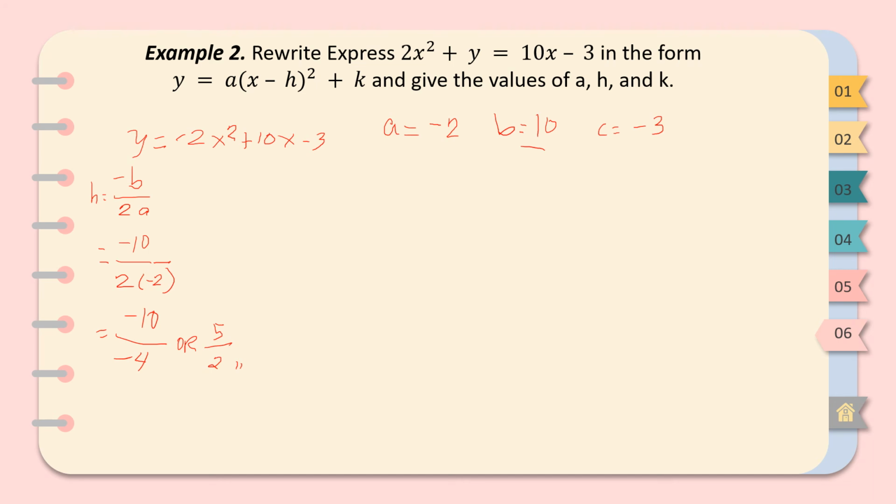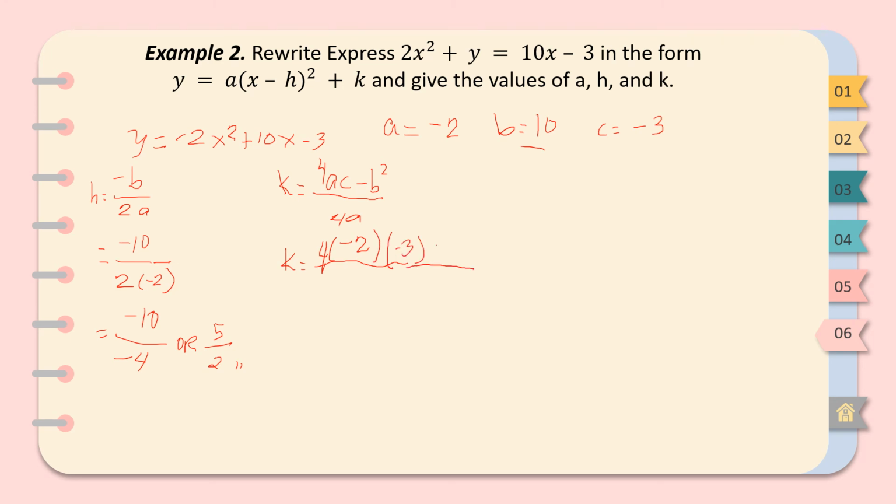Paano naman natin kukunin yung k natin? So, k is equal to, ang formula po natin ay 4ac minus b squared divided by 4a. And then next, substitute. So, k now is equal to, ang A natin is negative 2. 4 times negative 2 times C, which is negative 3.